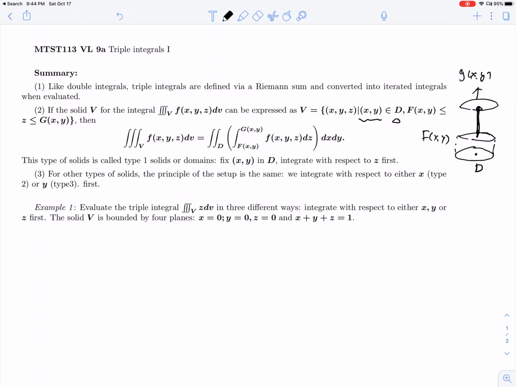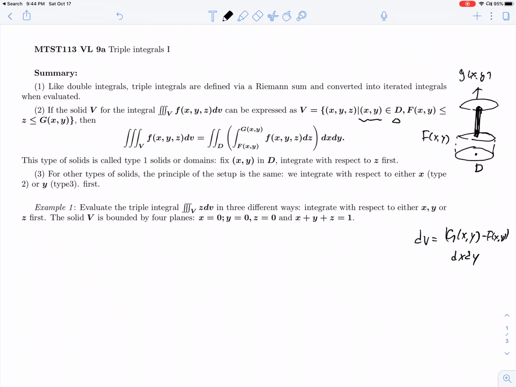The base is dx dy. And this volume, this dv, is equal to the height, which is g of x y minus f of x y, multiplied by dx dy.